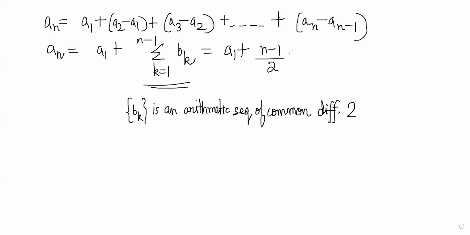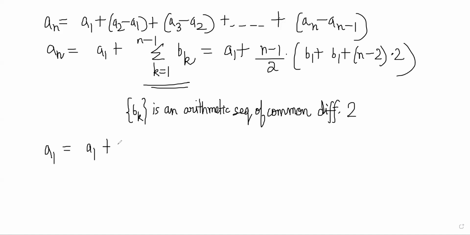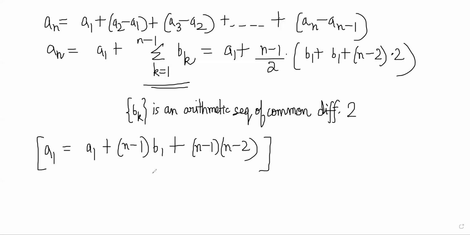This is n minus 1 by 2 times b1 plus b1 plus n minus 1 minus 1, that is n minus 2, into 2, right? So after simplifying, an is equal to a1 plus n minus 1 times b1 plus n minus 1 into n minus 2. After simplification, this was an, right? And the question has already given us the value of a1 as 1.